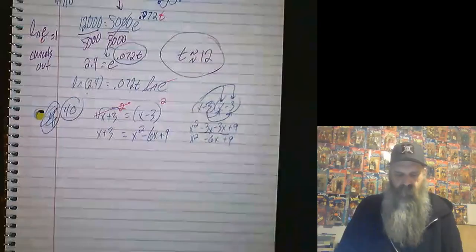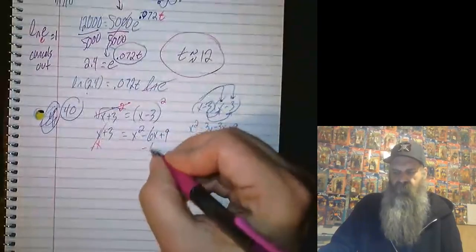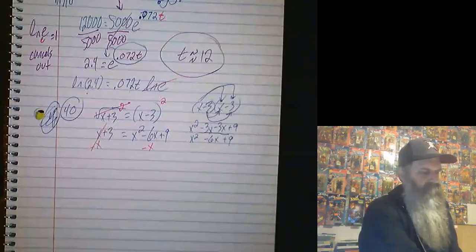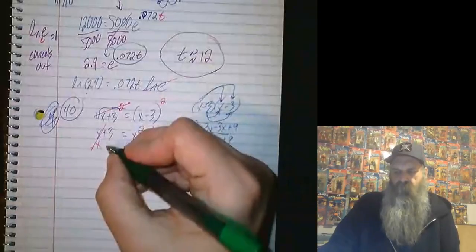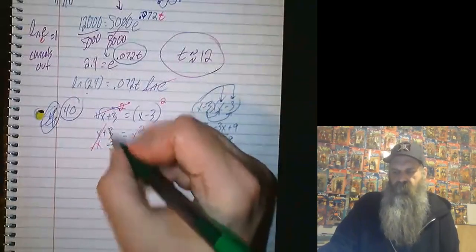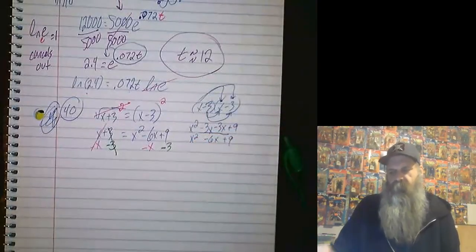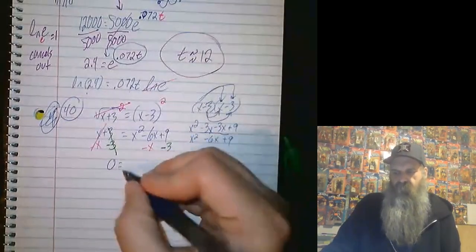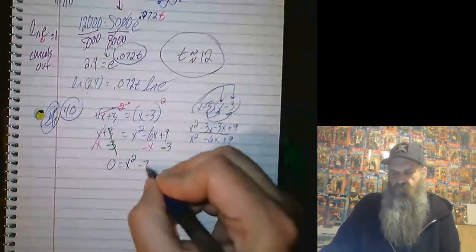And now we get everything on one side because to solve a quadratic we have to set it equal to 0. I'll do this in the same step. We're just subtracting 3 from the 9 over here. So we subtracted the x, we subtracted the 3. We cleared out the left side, so we're set equal to 0.